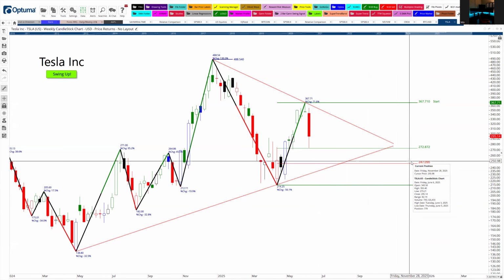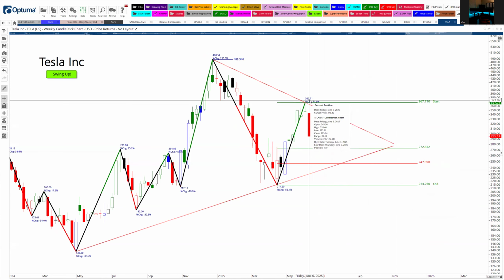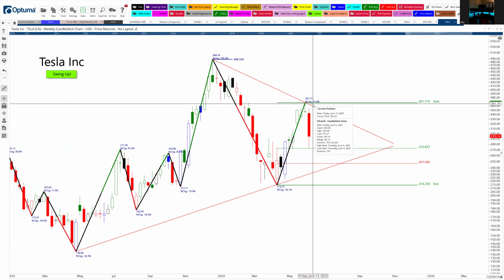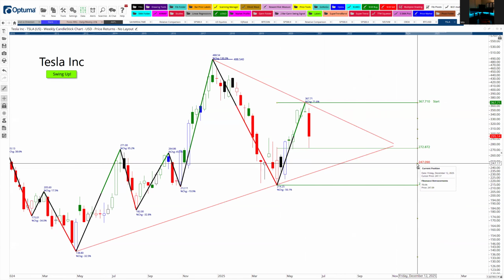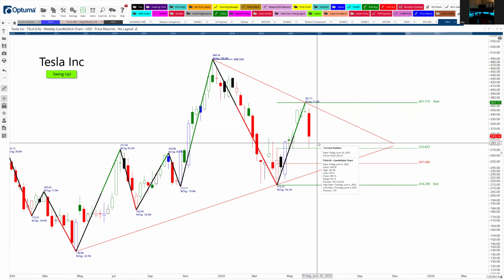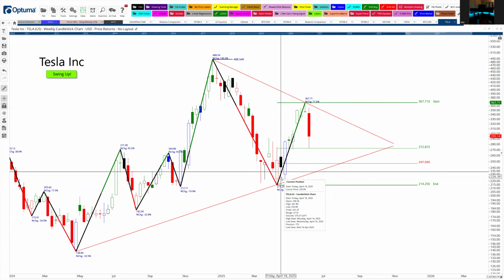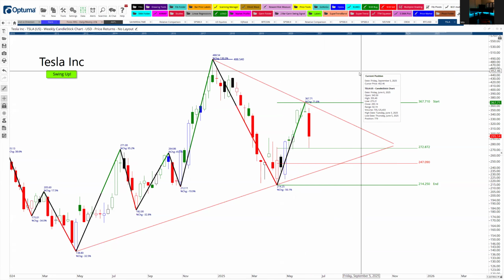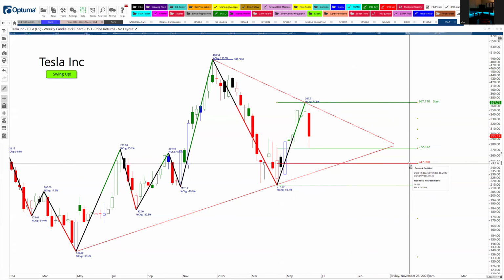The 247 is a 78.6 retracement of this swing low of 214 to 367. Now, can we get down? It is possible, or it just sits around here and goes sideways after being up for 7 straight weeks, and then we see if the price can make a move higher. So this is the downside.